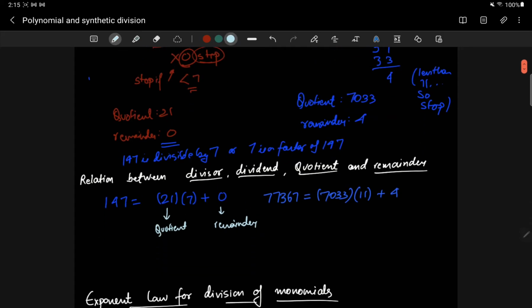Once again, labeling here, that was the quotient and this is the remainder. This way of expressing the division result as quotient times something plus remainder is going to follow in the case of polynomial division as well. That is why it helps to look at it first in terms of numbers.